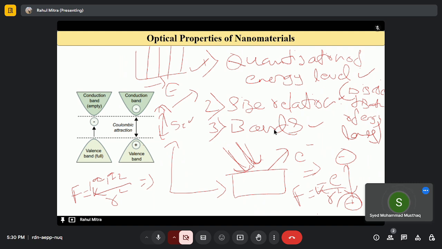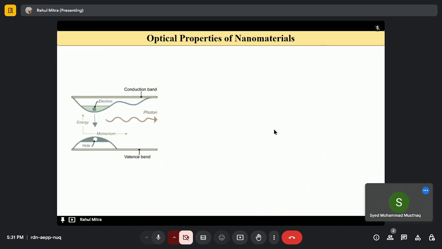Minus K e square by R square. That is the force that is attracting the electron and the hole, and we call it the binding energy. Now, what does this binding energy do?